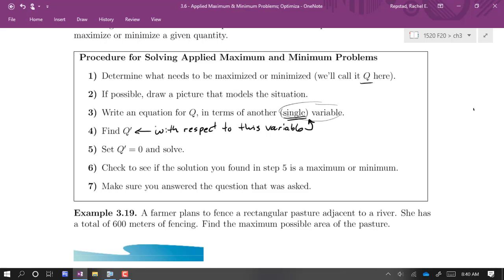When you check to see if that solution is a maximum or a minimum, you could make a sign chart for Q prime, or you can check the concavity by finding Q double prime.